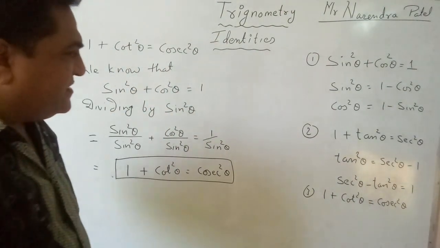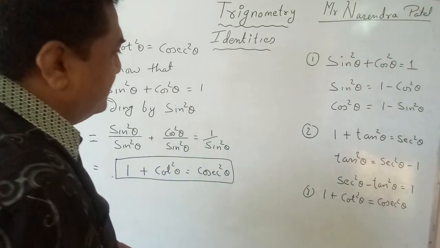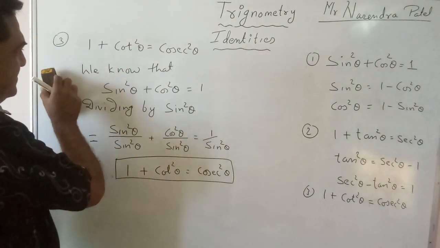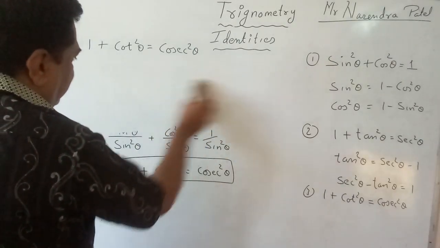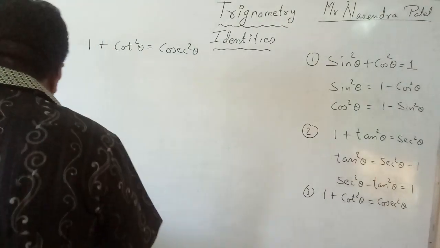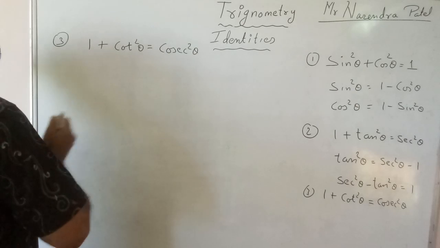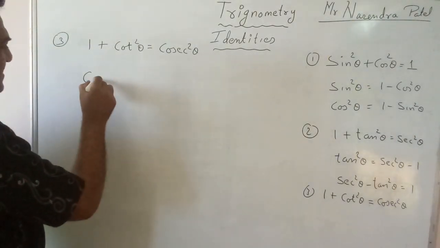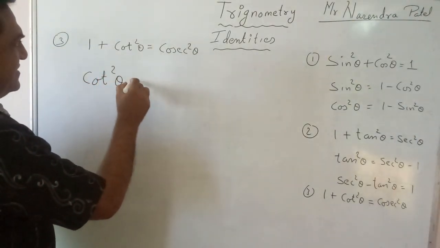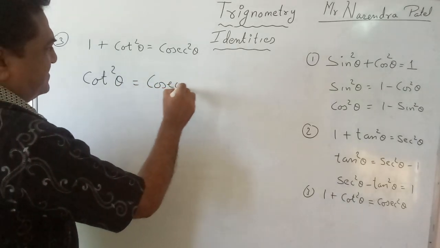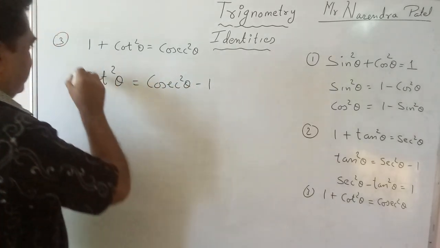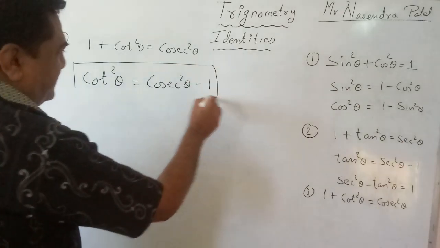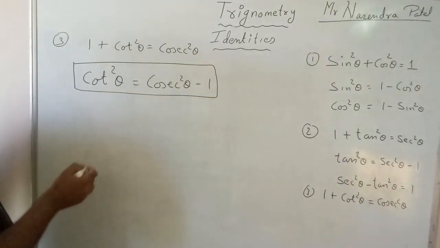Now from this identity, I get two more identities. See how I am getting two more identities. Take 1 this side. So what you will get? Cot square theta is equal to cosec square theta minus 1. This is another identity which is proved from the main identity.